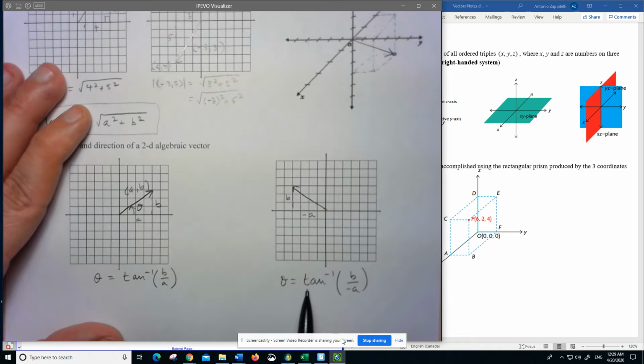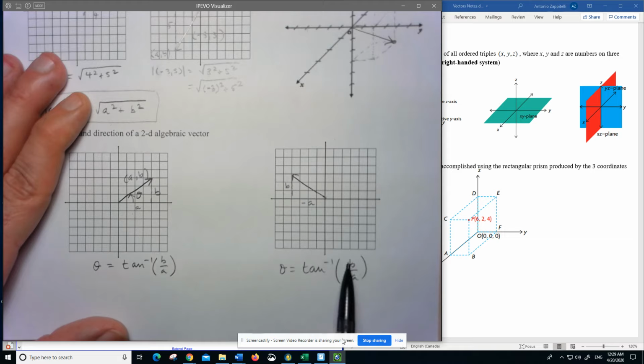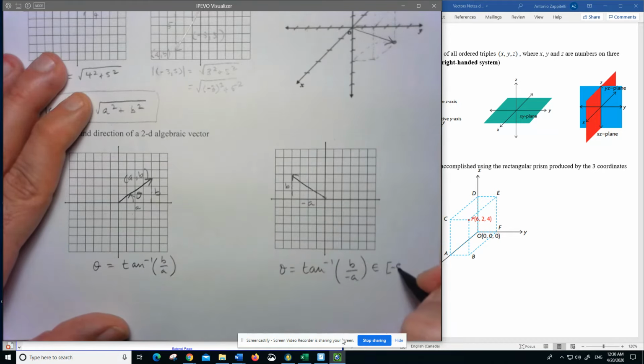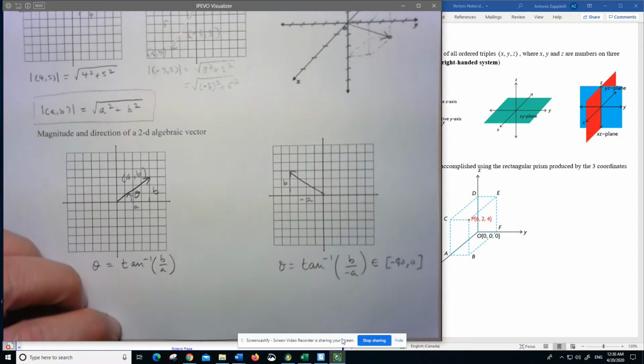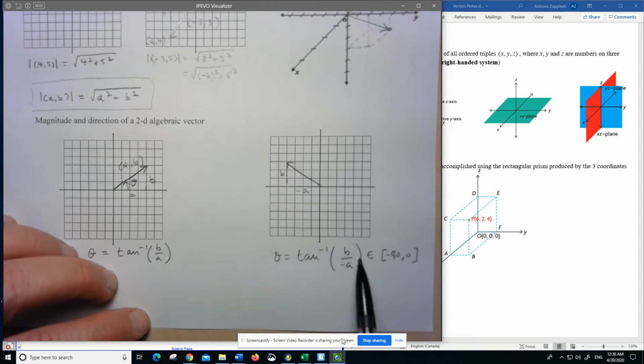Well, wait a minute. I'm taking the inverse tangent of a negative number. And this is where we realize that my calculator is going to give me an answer somewhere between negative 90 and 0. Okay? If you remember correctly, that when we looked at inverse tangent, when the input is negative, it gives me a negative angle.